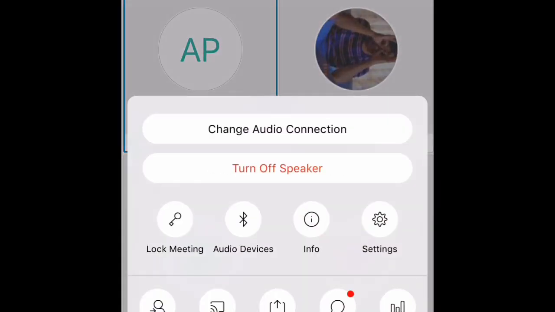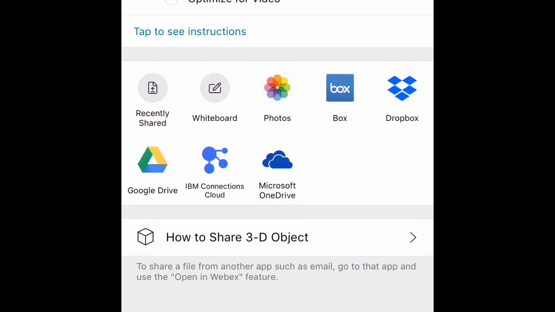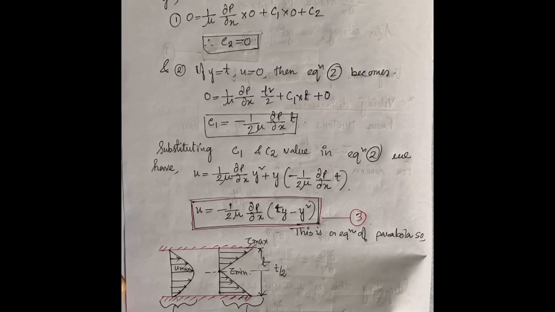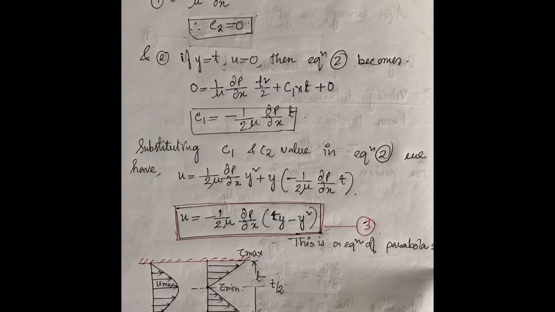Let me share another screen. So, in the first boundary condition, we have got y equal to 0 and u equal to 0, isn't it?